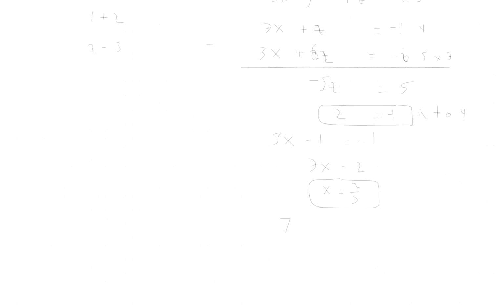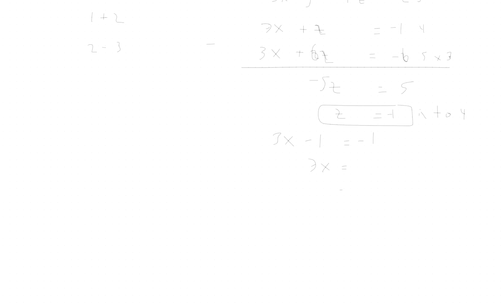Let's add 1 on both sides. Okay, yeah, that's where we went wrong. This is 0 right here. 3x equals 0, so x equals 0. So now it makes sense. Okay, x equals 0, z equals negative 1.